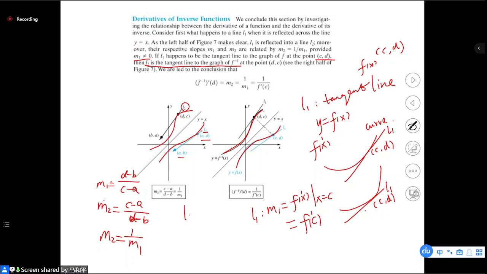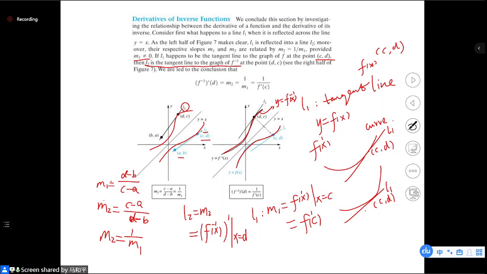And for L2, the slope is m2. We know the equation of this curve is y = f inverse(x), so m2 is equal to the derivative of f inverse at the point (d, c), where x is d.